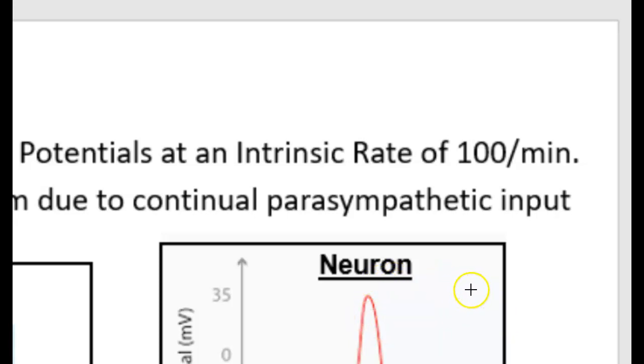Notice in the neuron, if you remember, it sits at a resting membrane potential of -70 until stimulated. And it stays at -70 for a certain period of time. The SA node cell is never at rest for very long. It does have a resting membrane potential in the sense that the lowest value is at -60 millivolts, but it spends very little time at that resting.